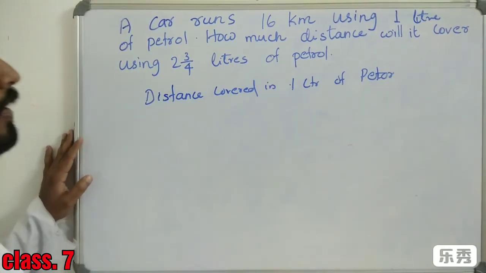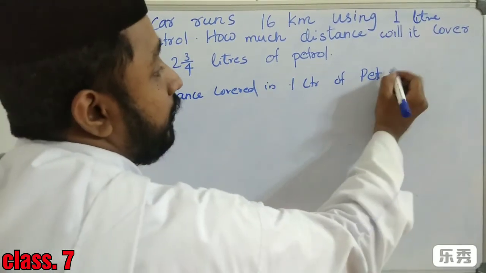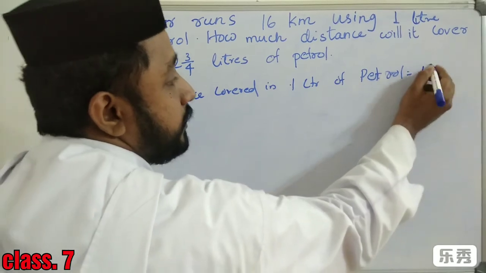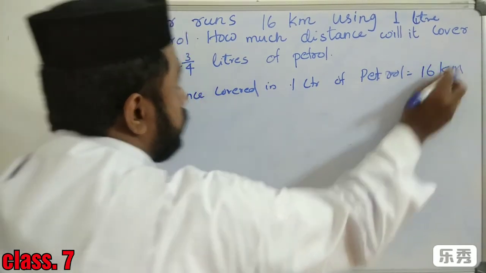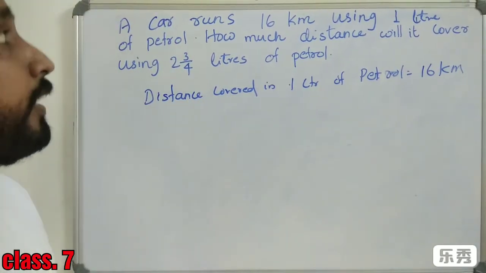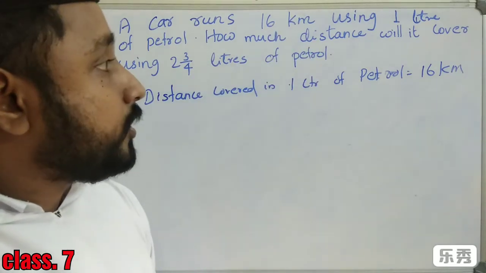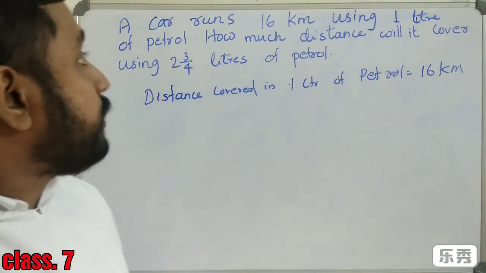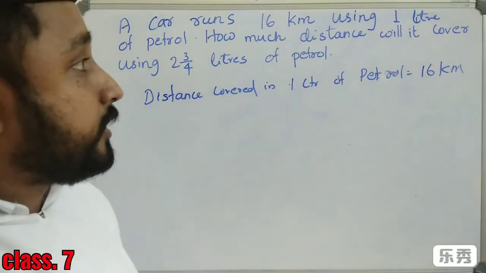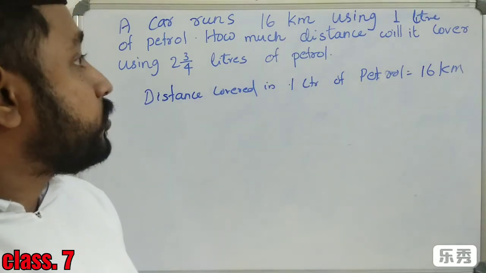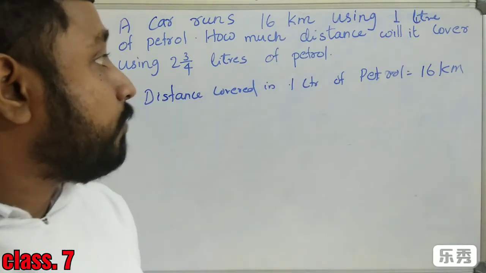In 1 liter of petrol, the car runs 60 km. You have to find out how much distance it will cover using 2 3 by 4 liters of petrol.